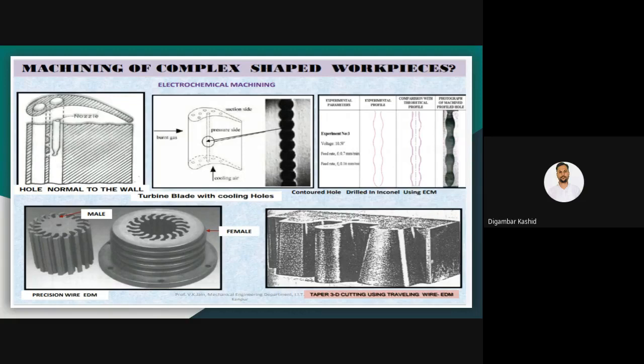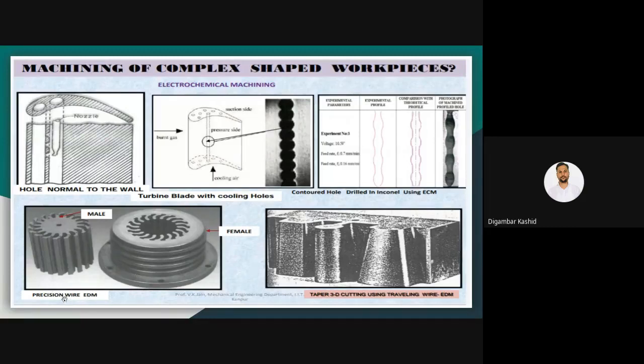Another example I have shown here is a turbine blade with cooling holes, and for this purpose also we can go for electrochemical machining. Then here I have given a controlled hole drilled in an Inconel metal, again using ECM.